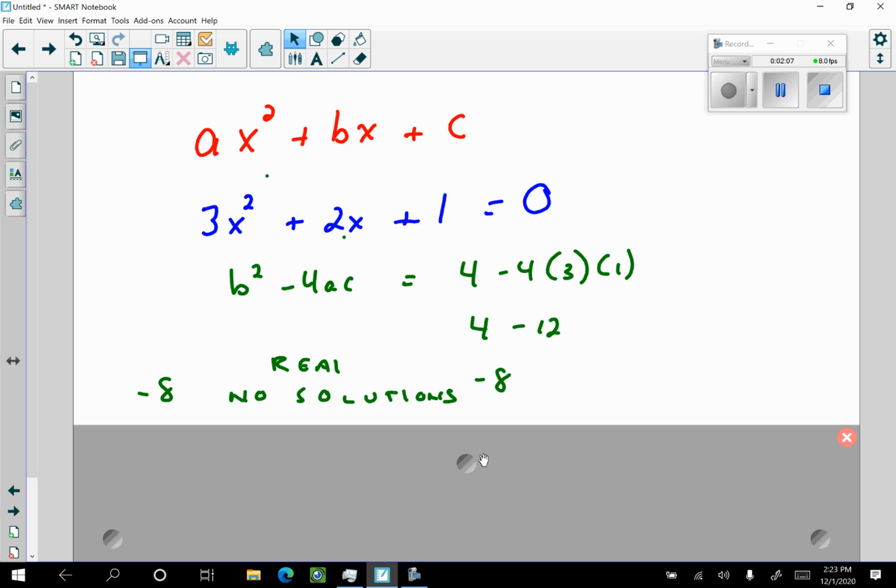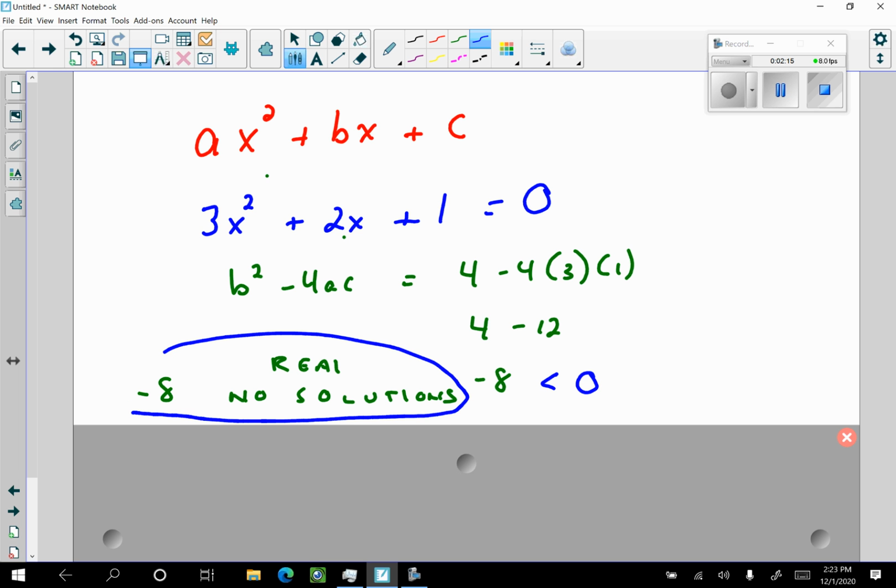So the discriminant is indeed less than 0. What does that tell me? That tells me that there are no real solutions to this equation. But there are solutions, not real solutions. We keep talking about real numbers. We've discussed real numbers multiple times in this class.